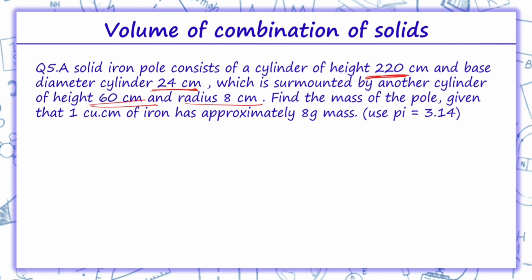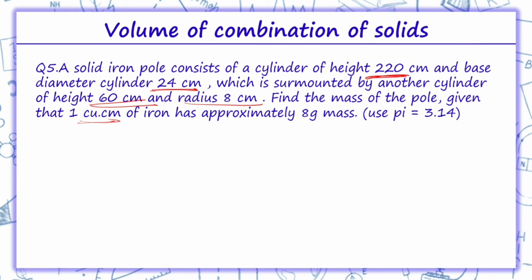Here we have to calculate the mass of the pole, given that 1 cubic centimeter has approximately 8 gram of mass. Now we'll calculate the volume. Because they have given us the mass of 1 centimeter cube of iron is 8 gram, whatever volume comes, we'll multiply it by 8 and thus calculate the mass of the pole.